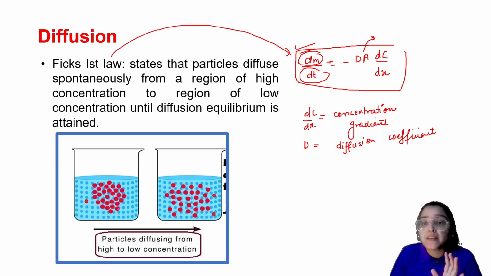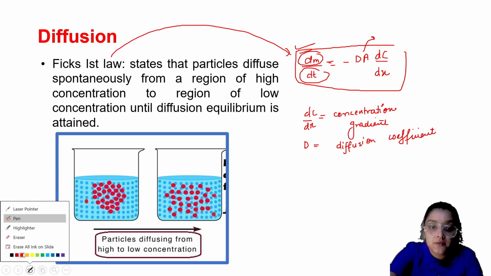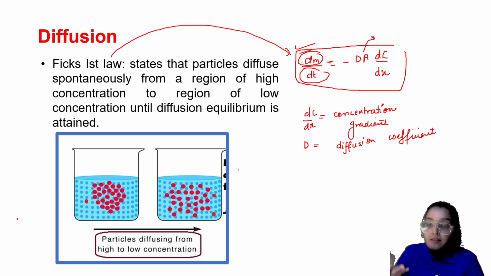Secondly, with the increase in the temperature, the velocity is going to increase, because the particles tend to come into a state of motion with the increase in temperature. Third, with the increase in the viscosity, the velocity of the molecules tends to reduce. So you must know these three conclusions from the diffusion equation that I have mentioned.